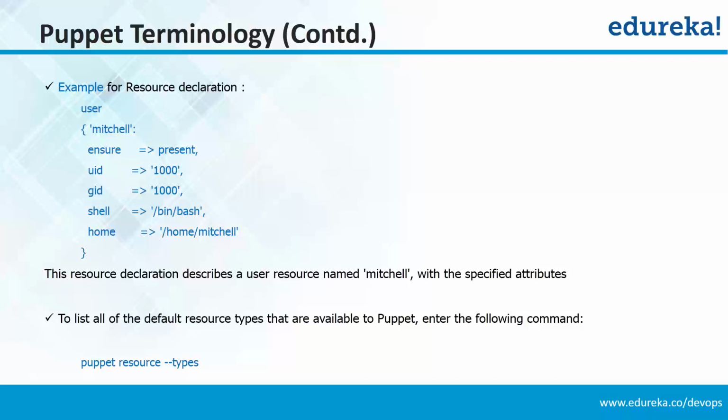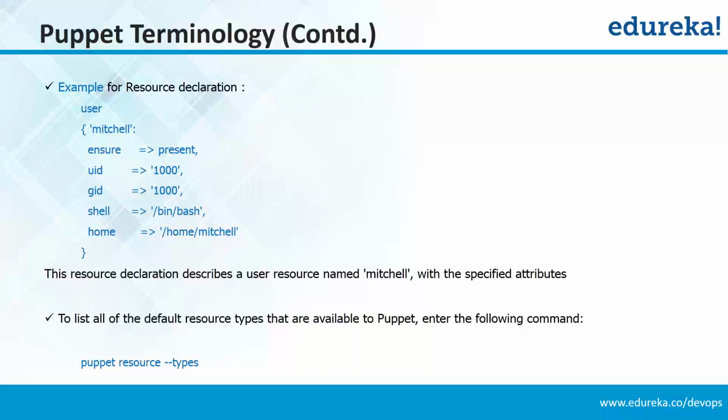Here is an example of how you put a resource. As you can see, we are first saying that there is exactly one user called Michelle. Secondly, we will come back to what ensure present means, but in essence, it says make sure that this user called Michelle exists in the system.